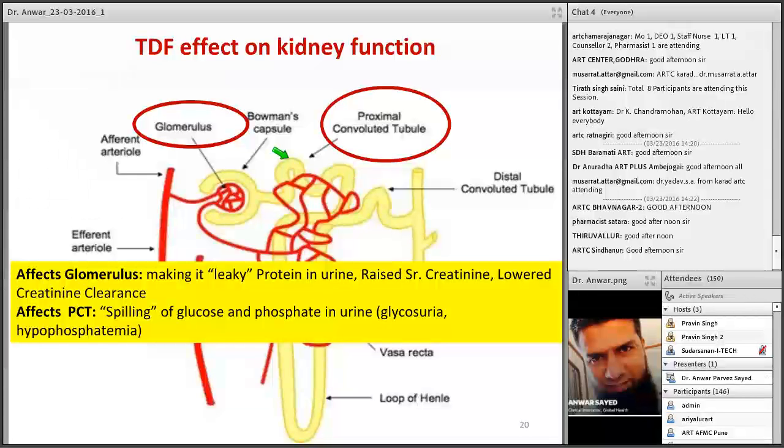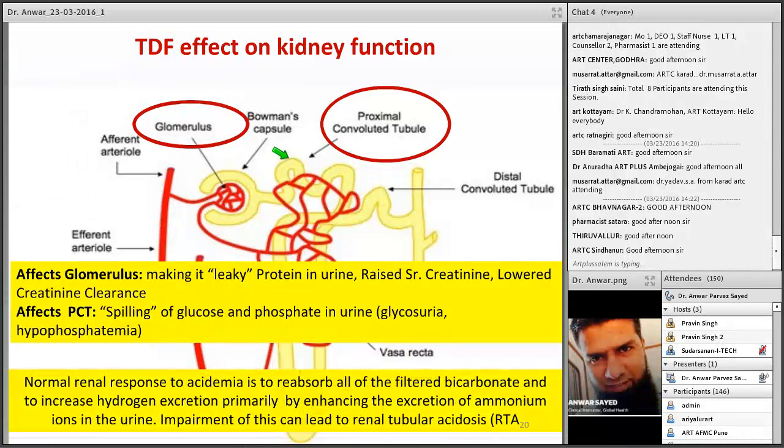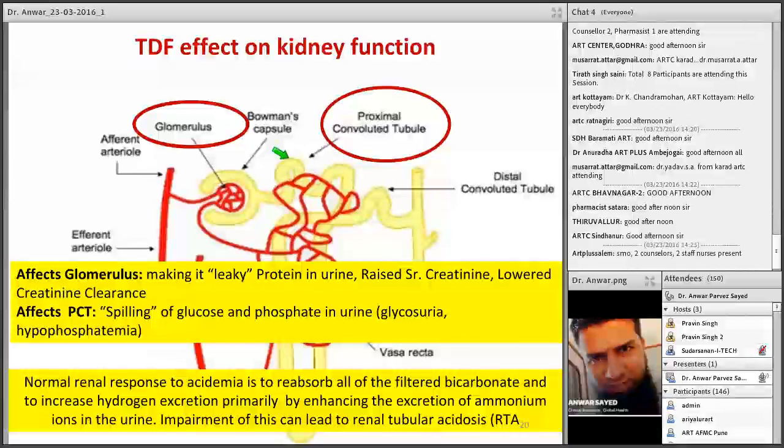So see, the normal renal response to acidemia when it happens is to reabsorb all the filtered bicarbonate and to increase hydrogen excretion, primarily by enhancing the excretion of ammonium ions in the urine. But impairment of this mechanism causes renal tubular acidosis.